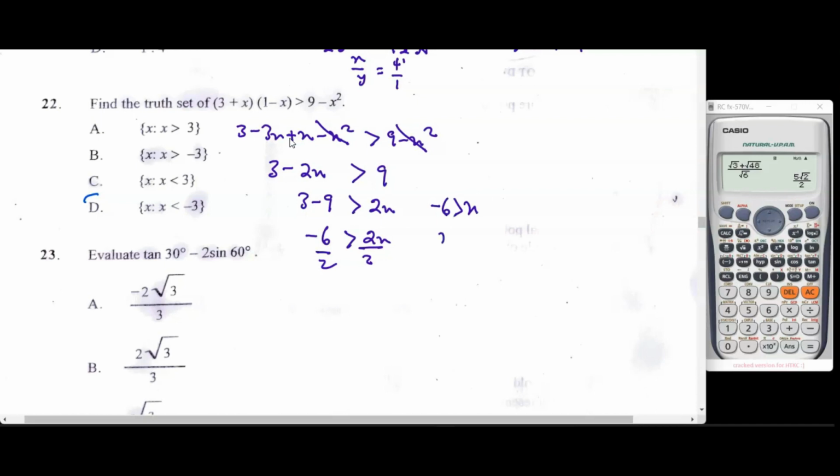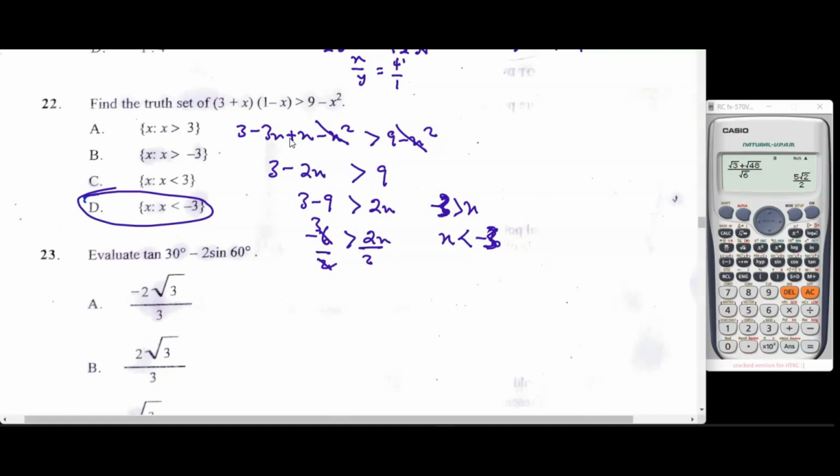So when you rewrite it, x is less than negative 6, sorry, negative 3, because this will go there 3 times, so negative 3. Okay, so we have it as x being less than negative 3, which is possible answer D.